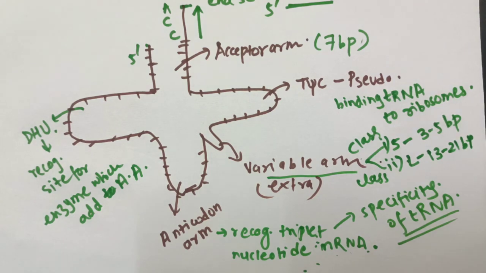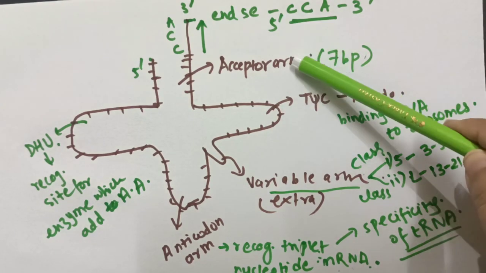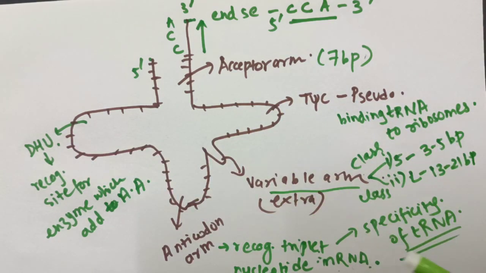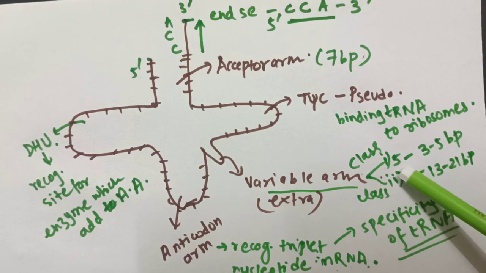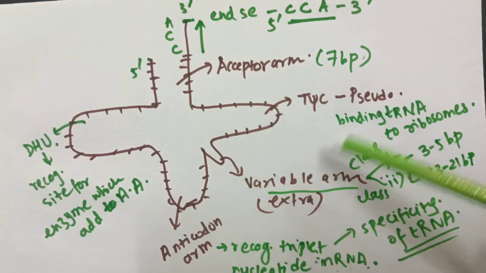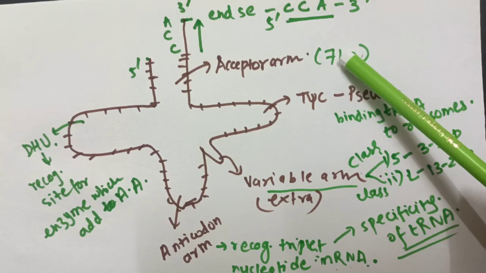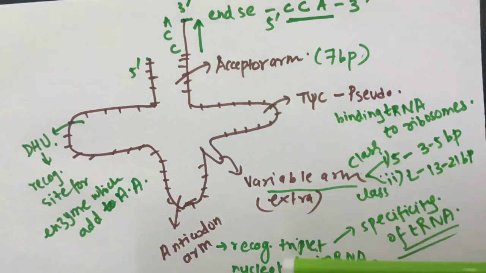So this is all about the structure of tRNA. I'll just recap the structure. There are 4 main arms: the acceptor arm, the anticodon arm, the T-Psi-C arm and the DHU arm. There is also a variable extra arm which can be short or long according to the base pairs. The acceptor arm accepts the amino acid and ends with the CCA sequence.